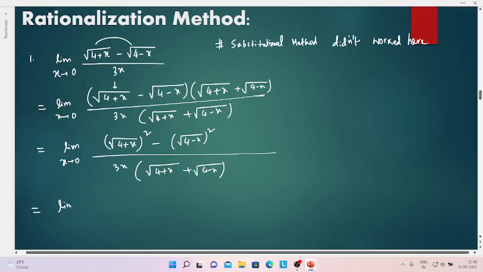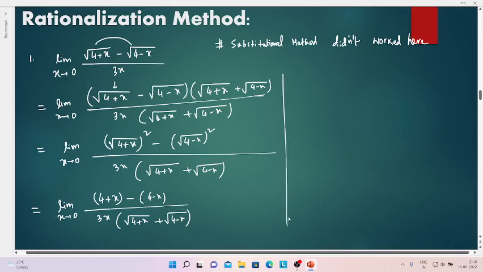The root and square cancel out, so it will be 4 plus x minus 4 minus x, and the denominator stays the same.